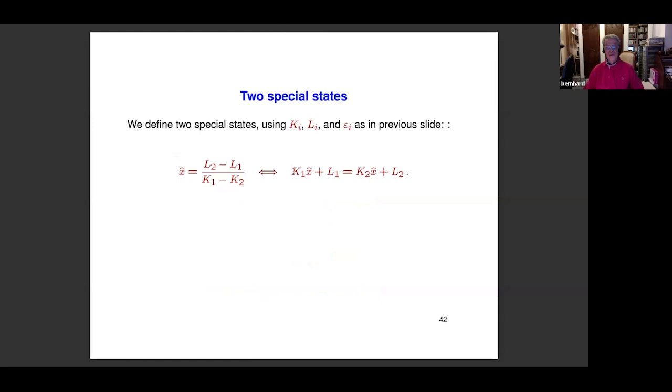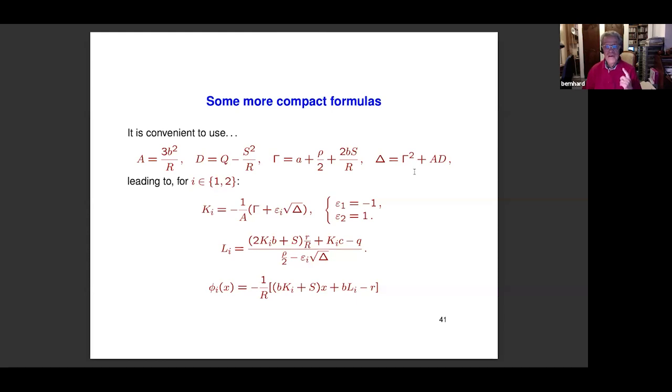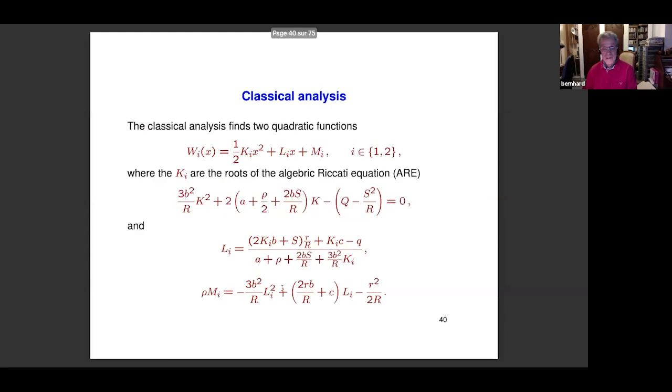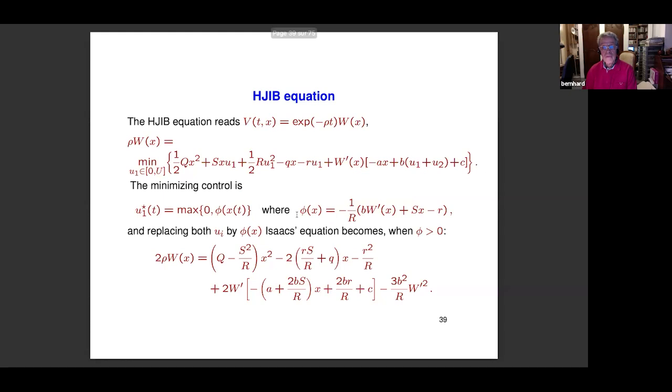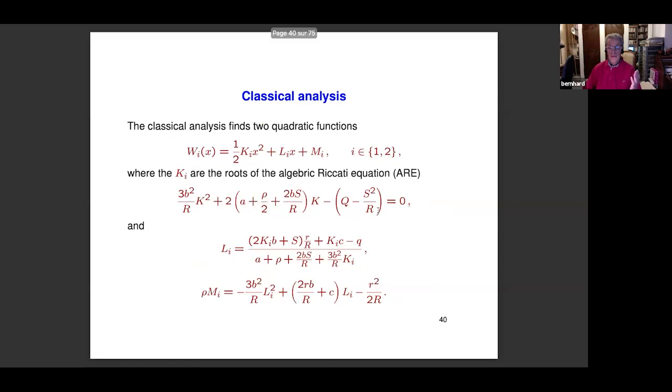This choice is made so that K1 x hat plus L1 equals K2 x hat plus L2, which means that the gradients of the value functions W1 and W2 are the same. Therefore, the strategies phi i are the same, because the strategy depends only on W prime. So at x hat, phi defined by W1 or by W2, which I will call phi 1 and phi 2, are the same.